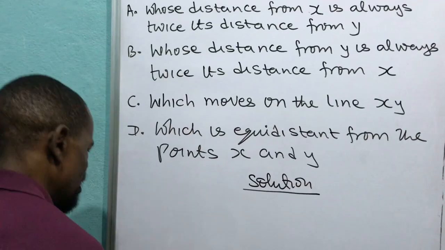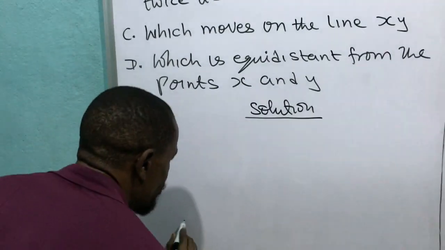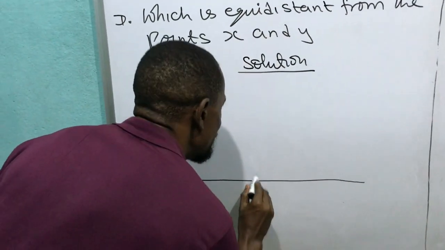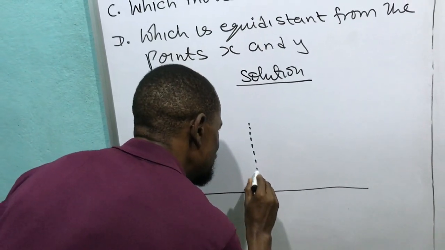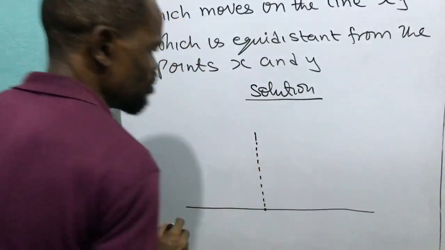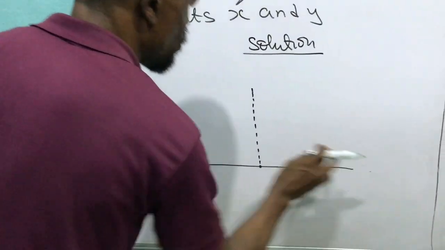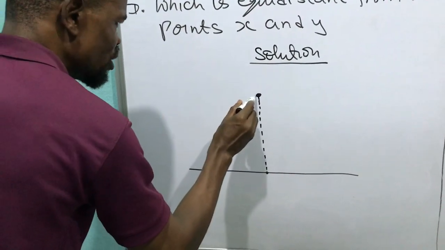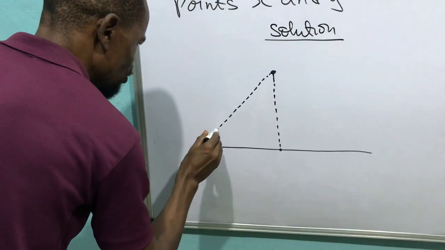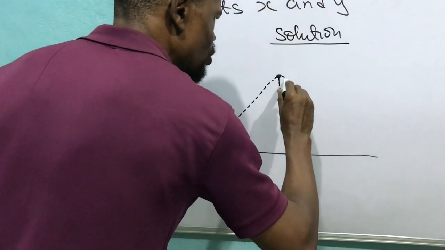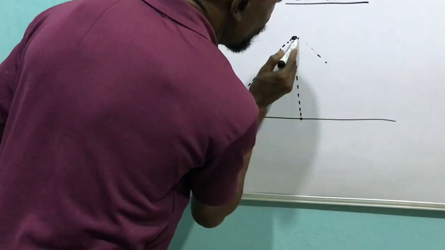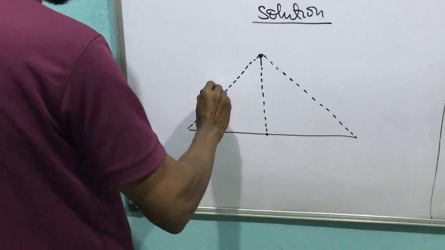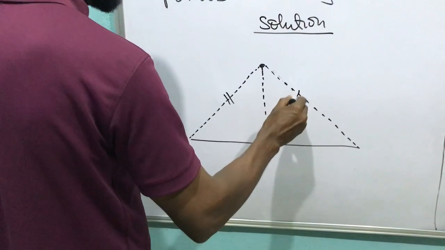Then what do we mean? Look at what they mean. If I draw a line and a bisector, look at the bisector, which bisects this line into 2. Bisector means bisect this line into 2 equal parts. And I'll have that bisector here. If you draw this to this place, and if you draw this line to this place as well, you can now see that this line is equals to this line.